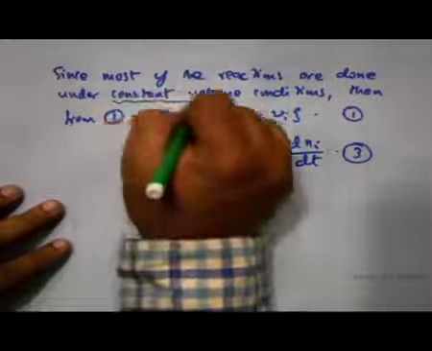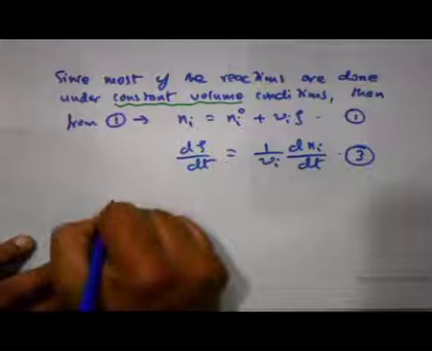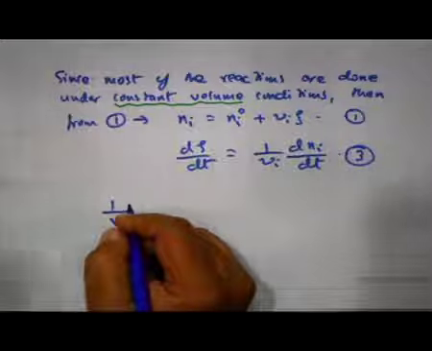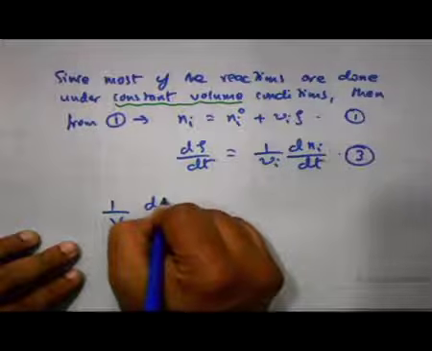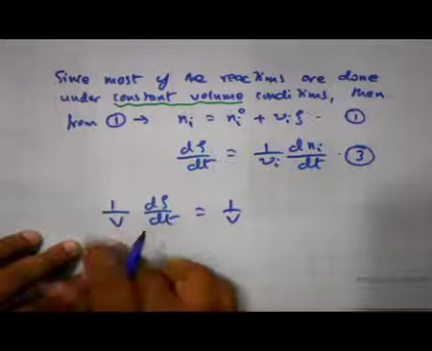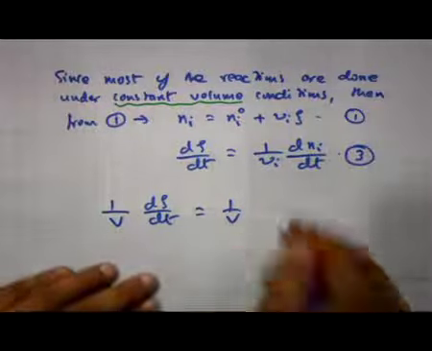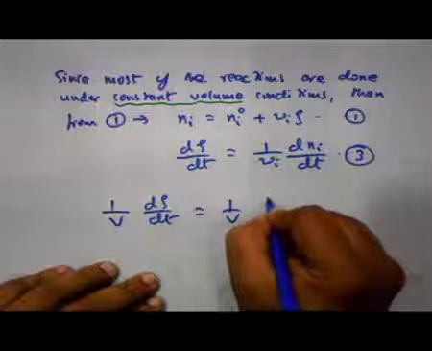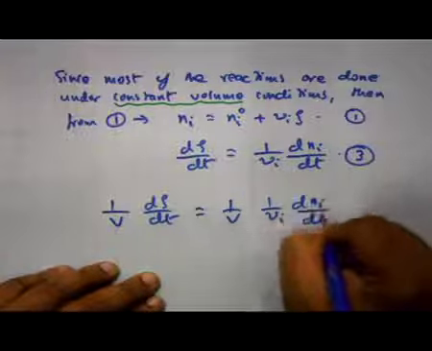Because this is done at constant volume, by definition I can write 1 by V on the left hand side of the equation: (1/V) dξ/dt is equal to 1 by V, because I put in 1 by V on this side, I have to make sure that I cancel by the same factor on the other side, then (1/νi) dNi/dt.